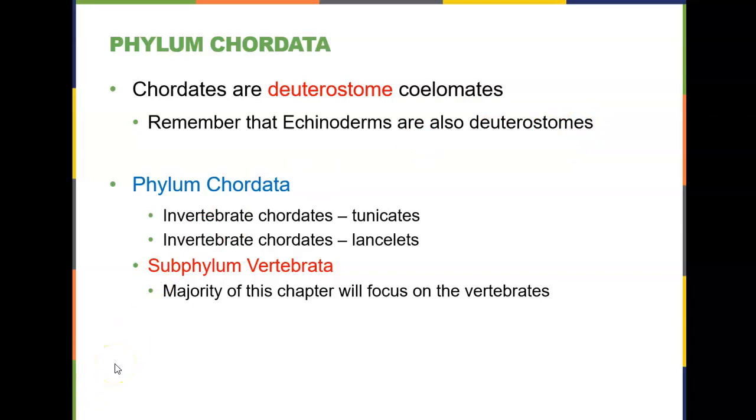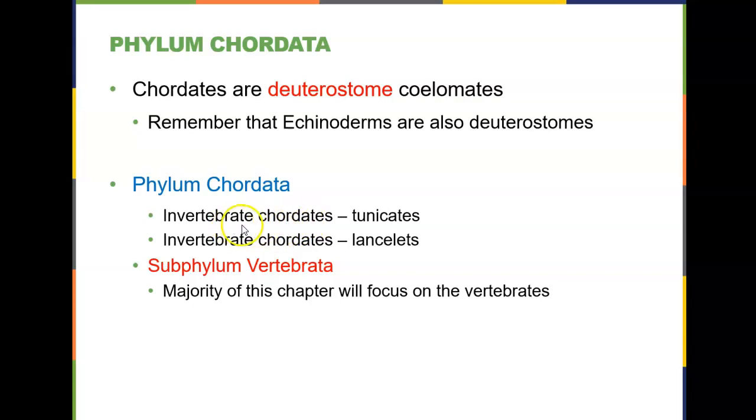Phylum Chordata has two main subgroups. There are a couple instances of invertebrate chordates, which might sound a little strange because we tend to think that all chordates have vertebrae or a bony covering over what becomes their spinal cord. But there are some instances of invertebrate chordates where that notochord persists and does not develop into bony structures.